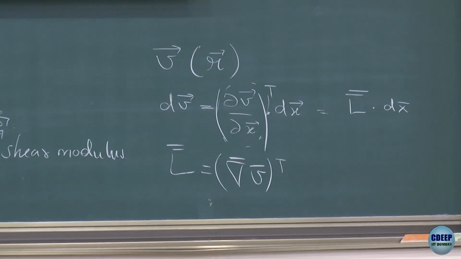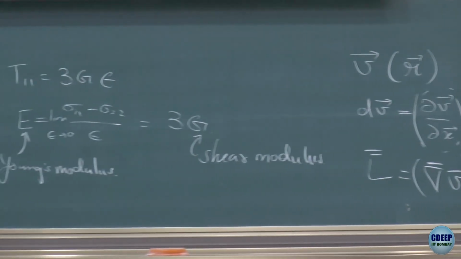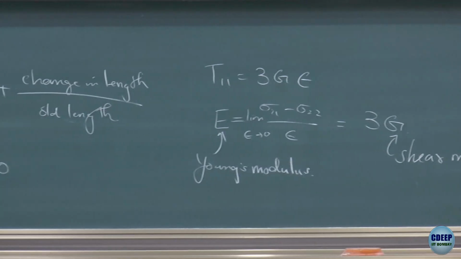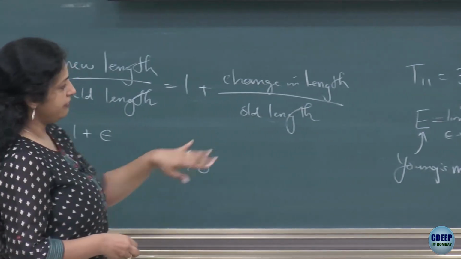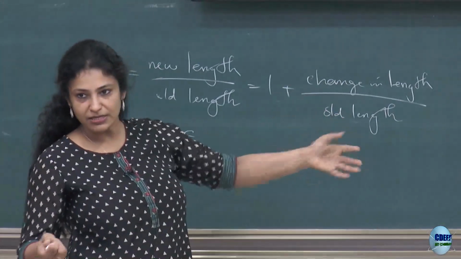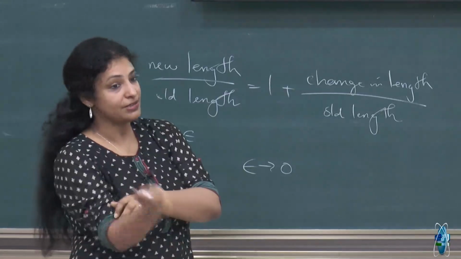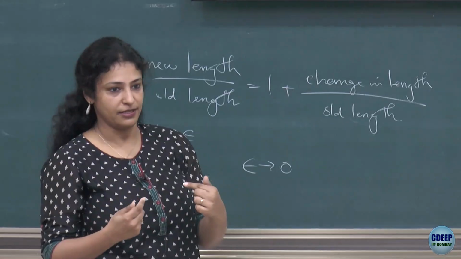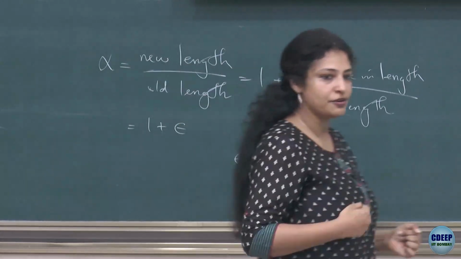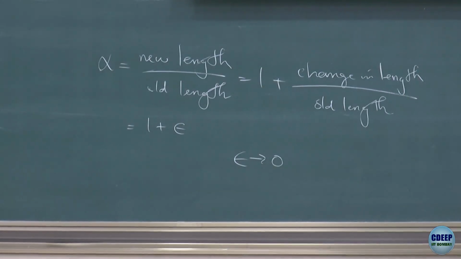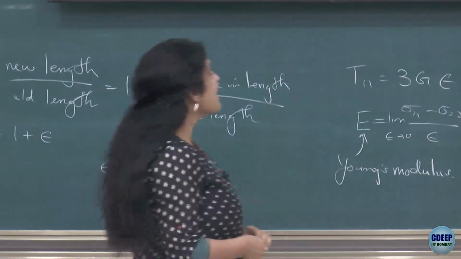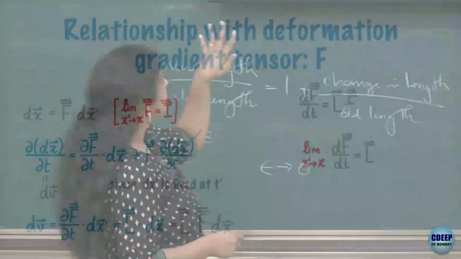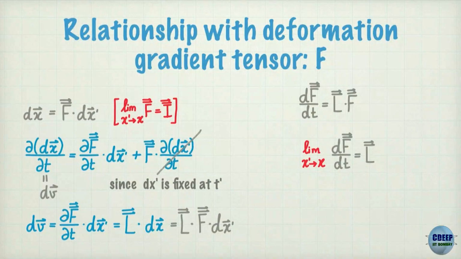Okay. So, we've defined L. What we need to do is develop an understanding of what it really means, and also like we did with F, we would want to remove the rotation components from it, because the rotation components are not going to contribute to the viscous stresses, right. So, the first step, let us quickly look at what its relationship to the deformation gradient tensor is, right.